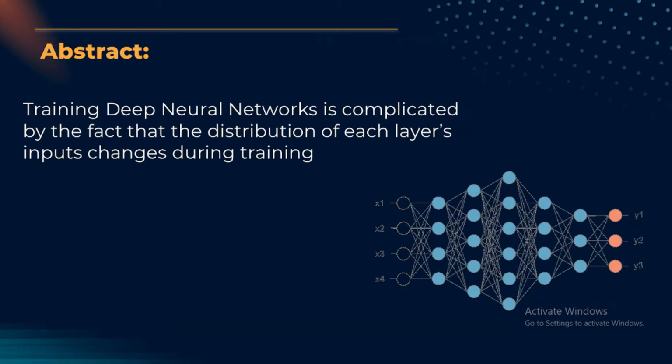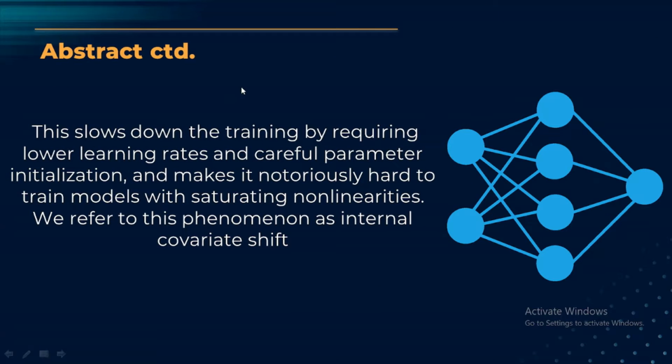Training deep neural networks is complicated by the fact that the distribution of each layer's input changes during training, just like this photo right here. This slows down the training by requiring lower learning rates and careful parameter initialization, and makes it notoriously hard to train models with saturating nonlinearities.